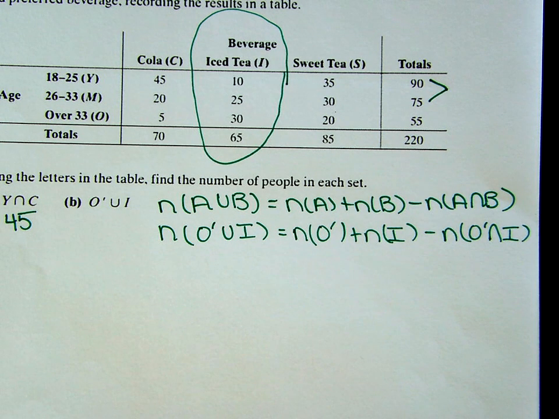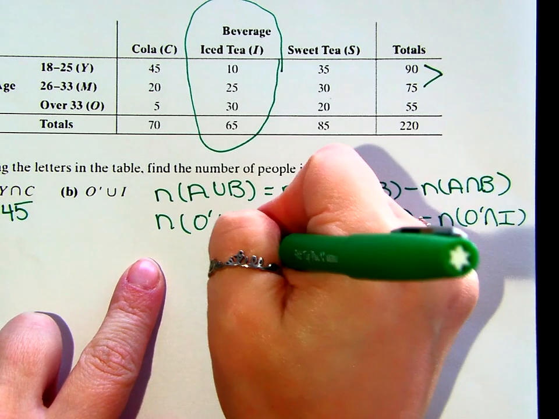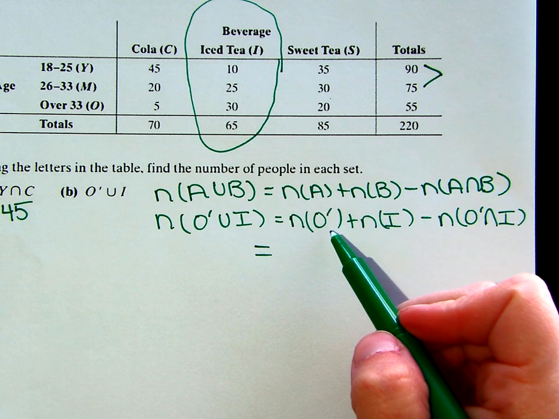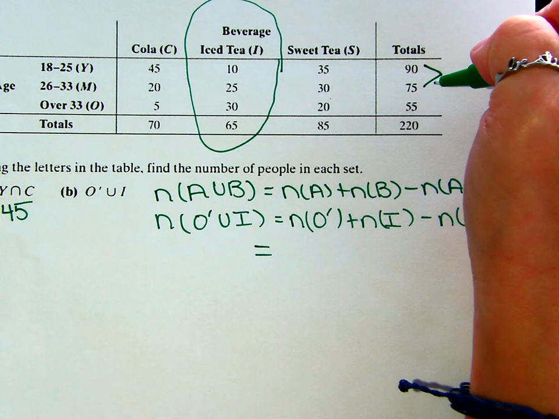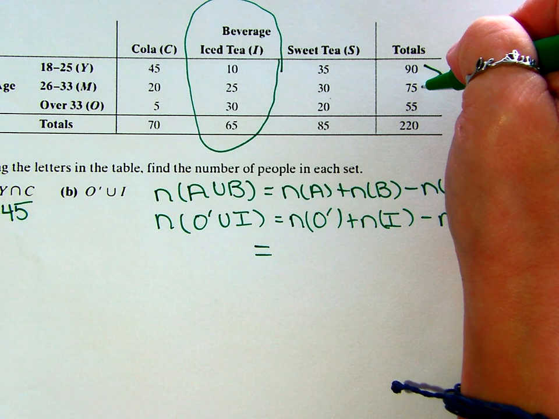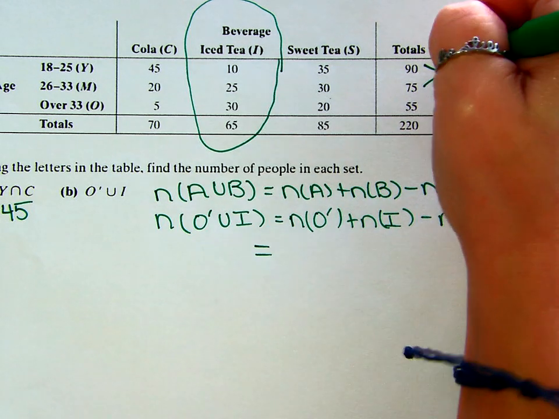Okay, so how many people are not old? That's what we need to know. Well, they're even nice enough in our table, they give us the totals. The number of young people are 90. The number of middle-aged people are 75. So the number of not old people is 165.